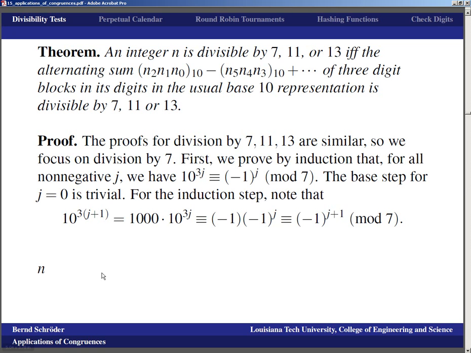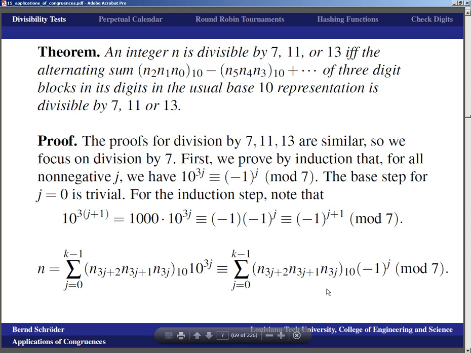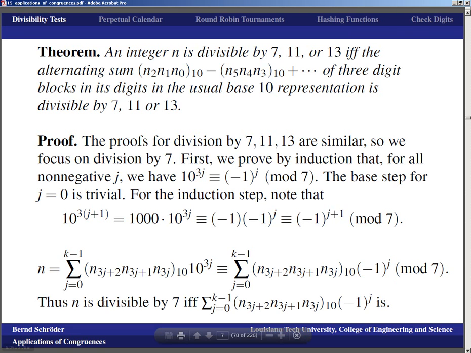And now we do the same thing as before. N is the sum, if we're working out things in blocks now, the sum for j equals 0 to k minus 1 of these 3-digit base 10 blocks times 10 to the 3j. But 10 to the 3j is equivalent to negative 1 to the j modulo 7, and that means n is divisible by 7 if and only if its alternating sum of 3-digit base 10 blocks is divisible by 7.